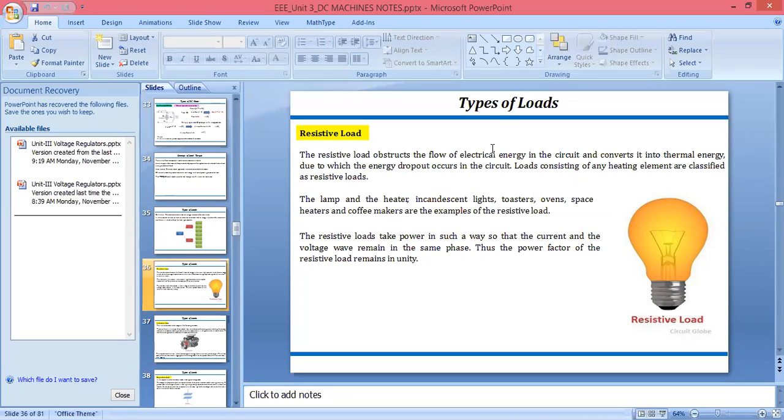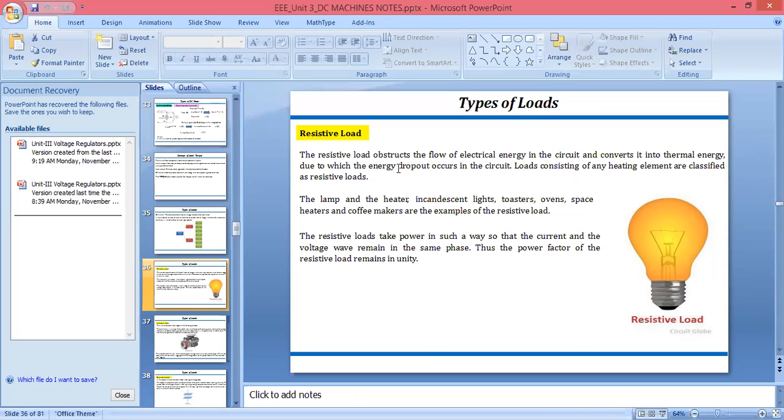taking the electrical energy. So the resistive load will take the flow of electrical energy as an input, and convert that electrical energy into thermal energy. So we can call the device a resistive load. And we call the device a load because when they convert electrical energy into thermal, they will have some drop out.